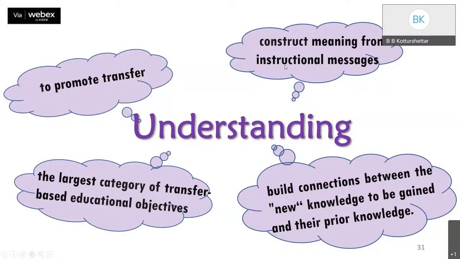It helps in constructing one's own meaning, and thereby one can explain what has been taught to him, what has been learnt in the class, what has been read from a textbook. This is considered to be the largest category of transfer-based educational objectives because there are 7 cognitive processes we saw. It basically builds connections between the new knowledge to be gained and the prior knowledge.